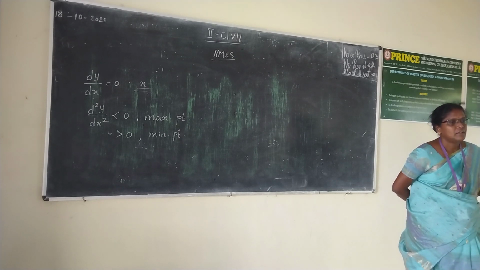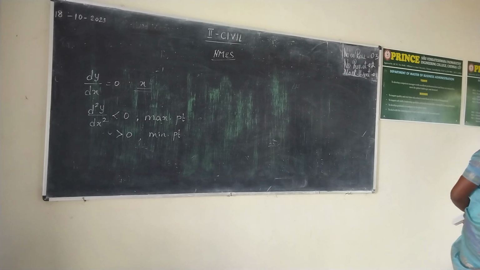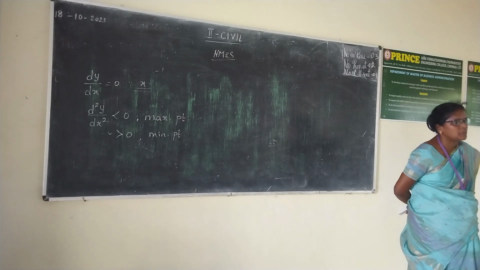Find dy by dx as an equation and equate to 0.